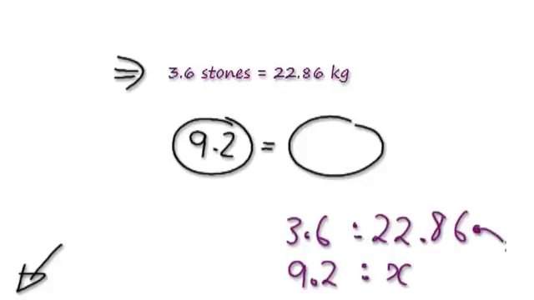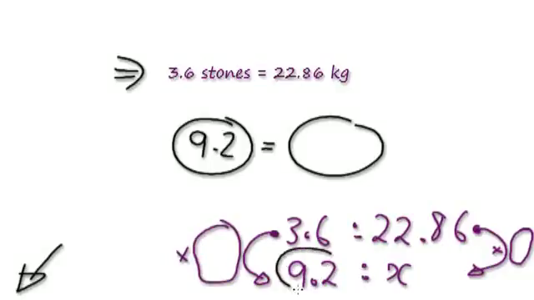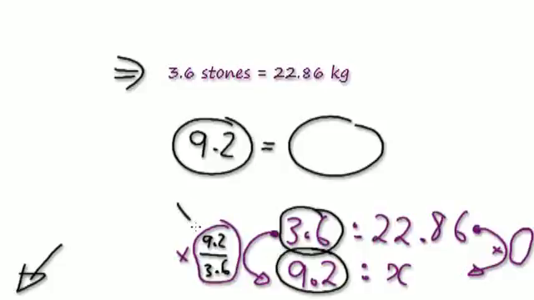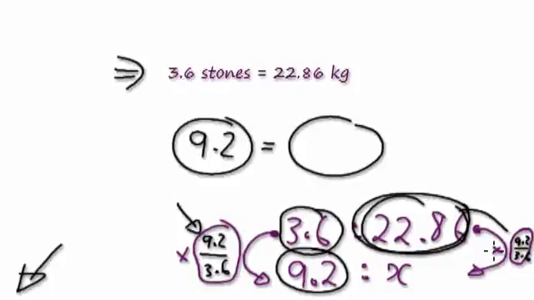We ultimately want to start here and then times a multiplier that will take us into the x. To work out the multiplier, it's always the destination, 9.2, divided by the original, 3.6. So you get this times our multiplier, 9.2 over 3.6, and that will jump into the x.